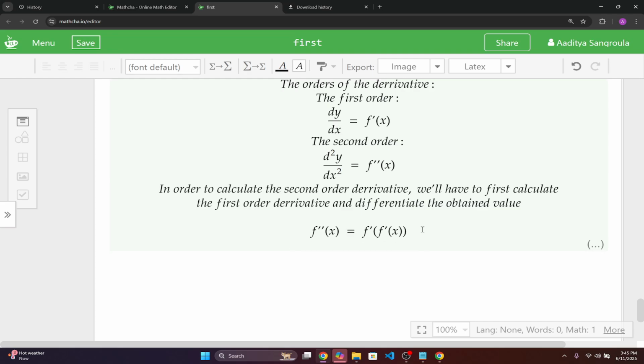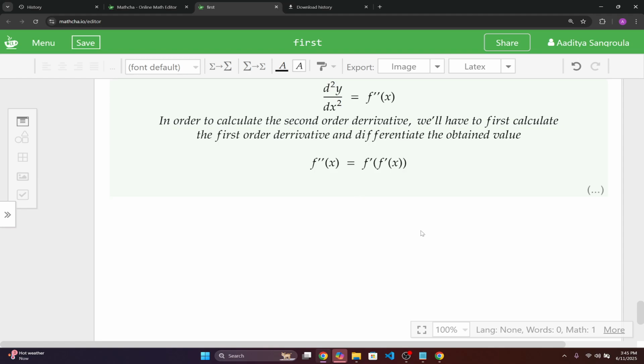Okay, now let's go for a question. Calculate the second order derivative of y equals x squared minus 2x plus 5.